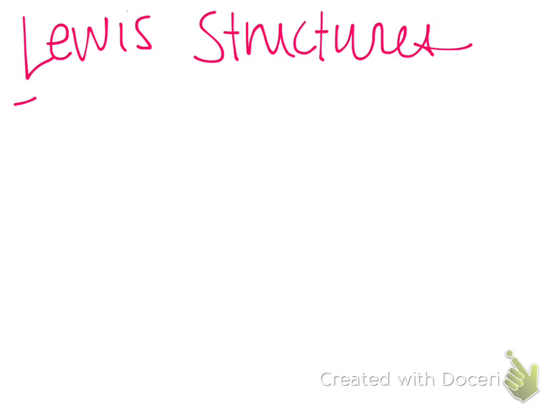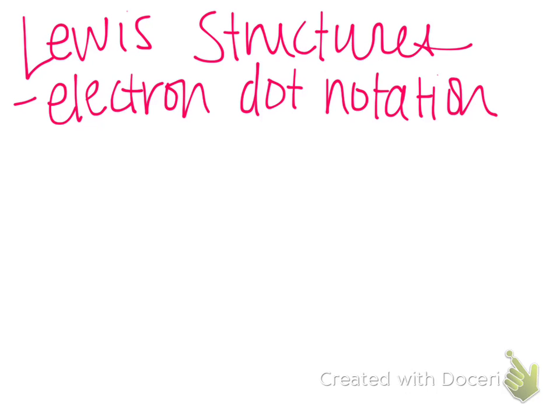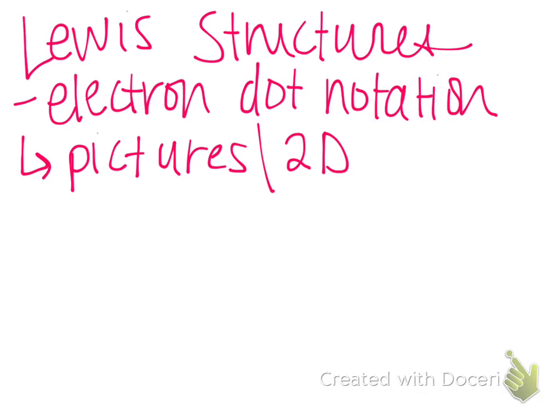Sometimes your book calls these electron dot notation. I don't call it that. But all these are basically pictures or visual structures, 2D structures that show us what compounds look like.